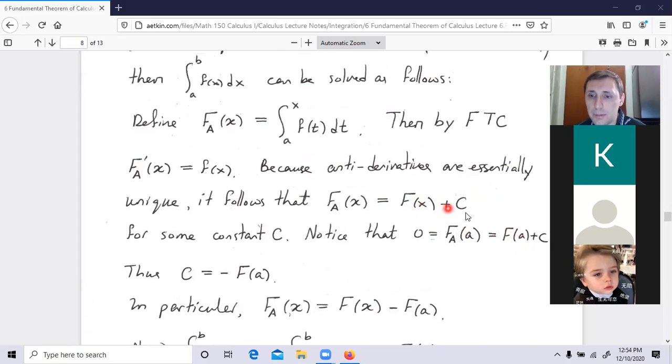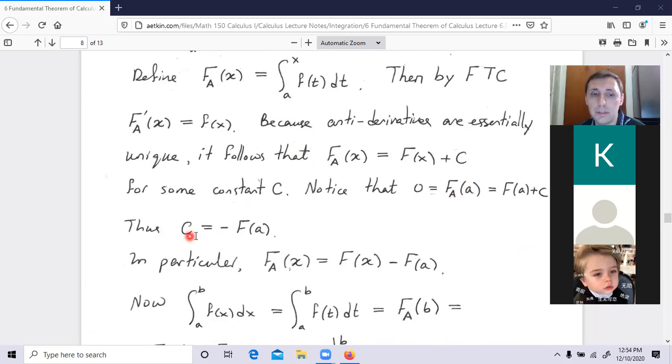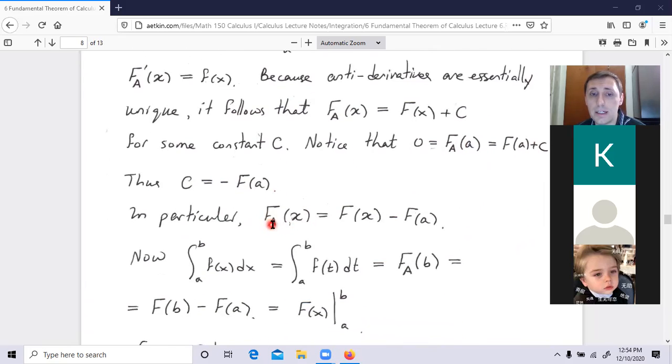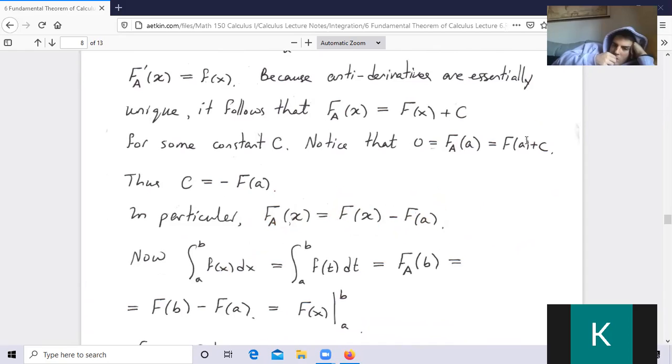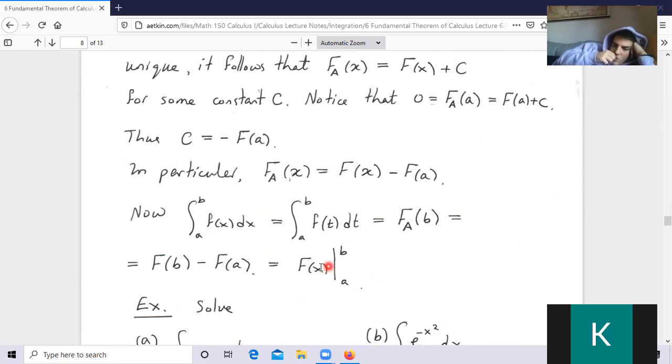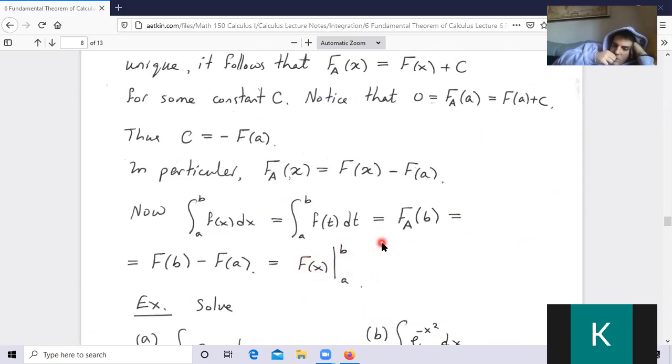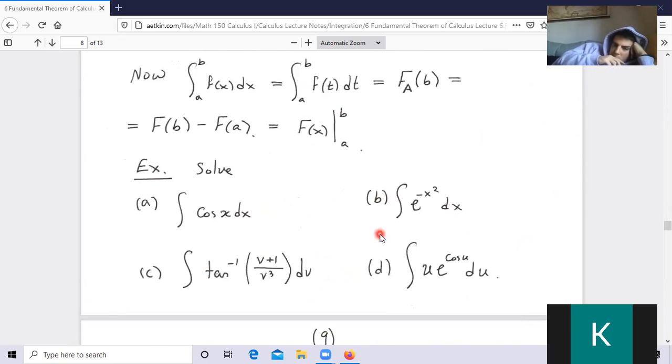So that would be the simple antiderivative at a plus c, and so c is equal to minus that simple antiderivative. That means the integral function is equal to the antiderivative I found minus that antiderivative evaluated at a. And that gives me this formula, right? So that gives me capital F of b minus capital F of a, the same as F of x from a to b.